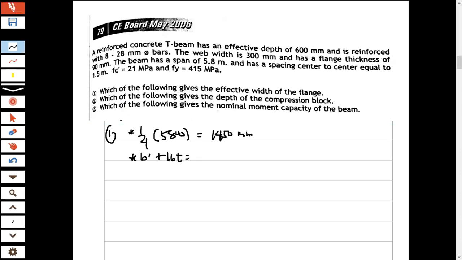So b prime natin, 300. 300 plus 16. Yung thickness ng slab is only 90. Parang hindi masyado realistic. Nasa margin na. No? 90 mm. Anyway, compute lang natin. Dapat at least 100. Okay. So this is 1740.